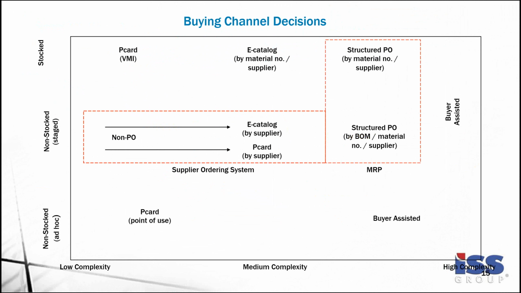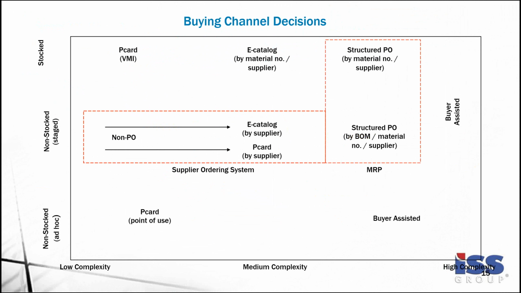Then you see on the vertical, non-stocked, staged, and stocked. Now these are levels of how management has classified this material and organized the supply of this material. Non-stocked ad hoc means you use it occasionally, it's not critical enough to store on site, and you probably don't have any vendor managed inventory, you just need it, so go get it with a P card.